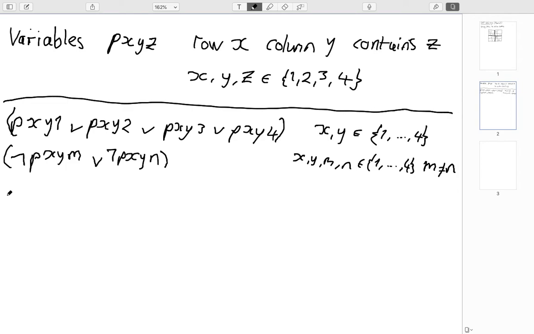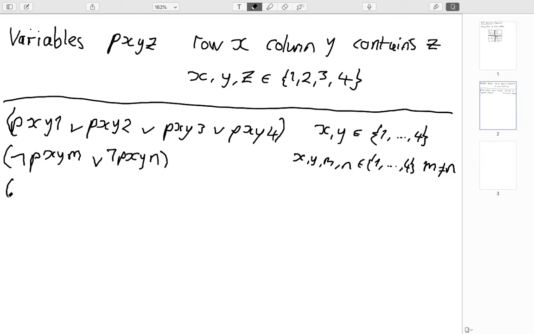So it must occur in one of the cells in one of the columns in that row. So for any number n that we want to put in the row, if we're looking at row x, it needs to appear in one of the columns of row x.